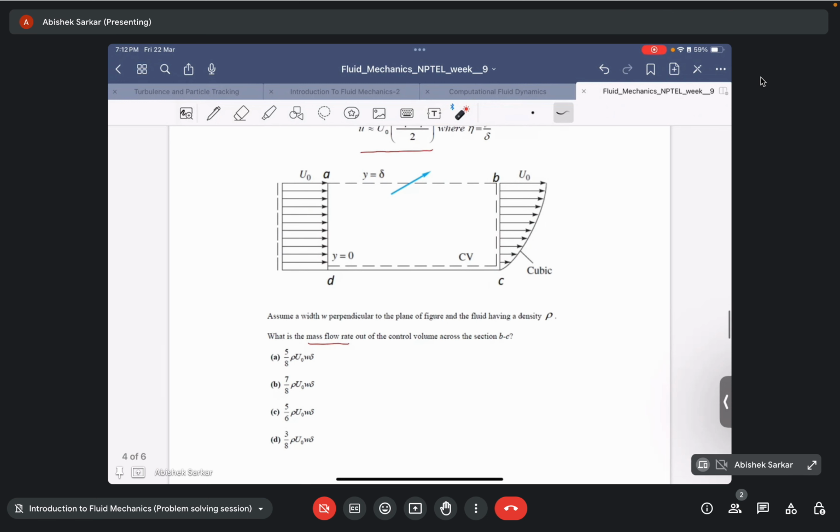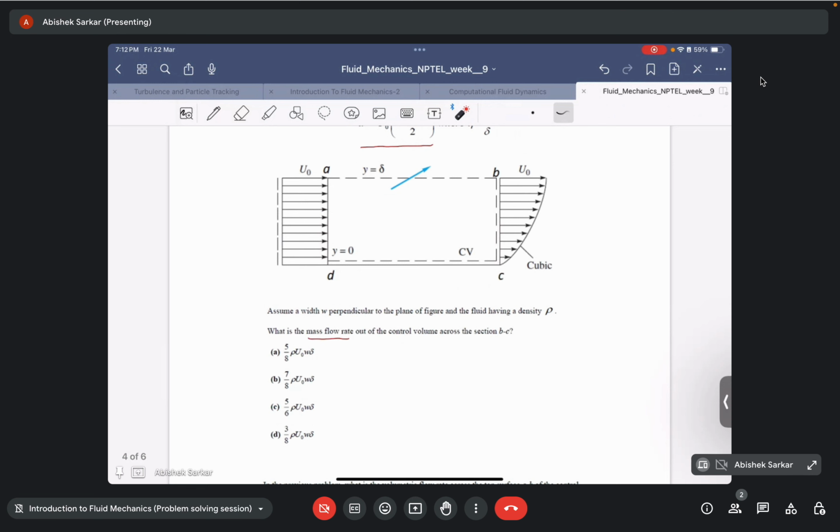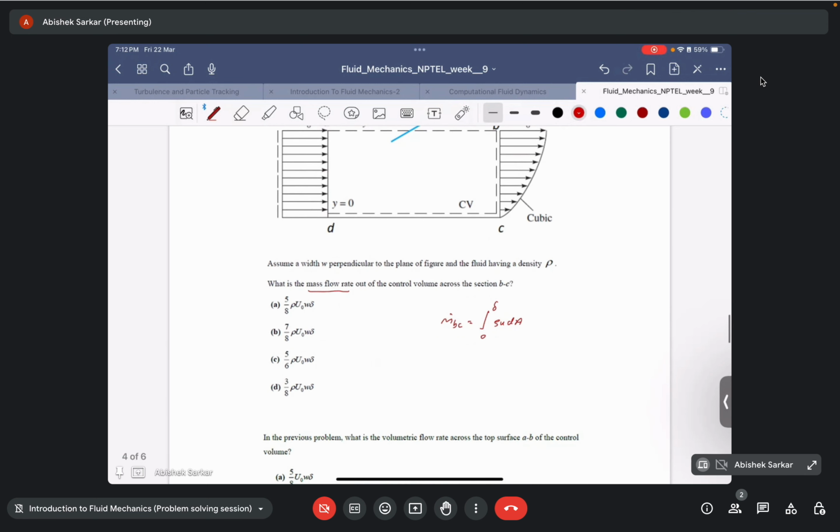So the mass flow rate out of BC, m dot BC, would be equal to the integral of rho U dA from 0 to delta. So that is the mass flow rate out of the surface BC.